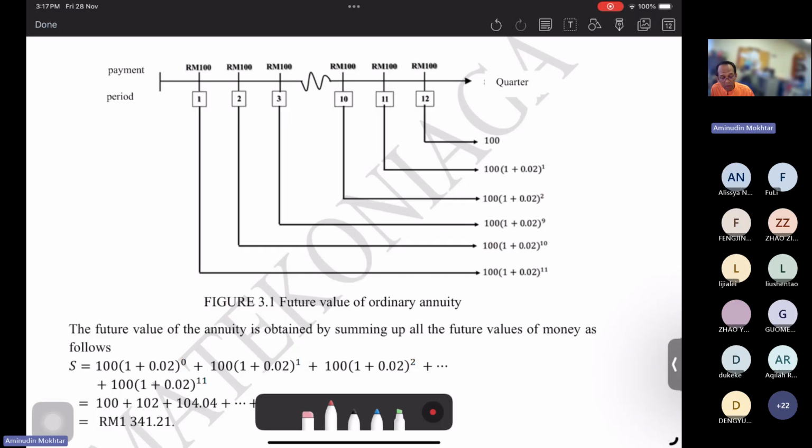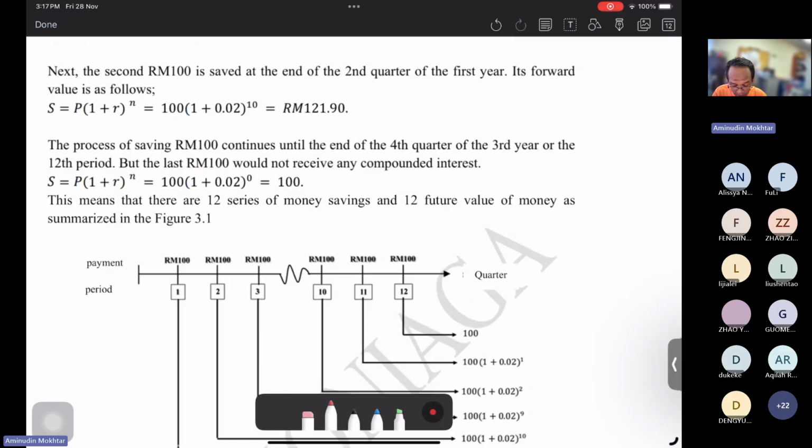As I said earlier, there is a relationship between future value of money and future value of annuity.